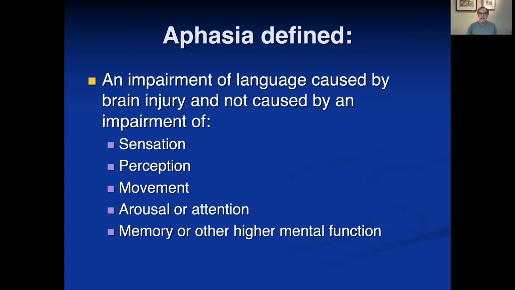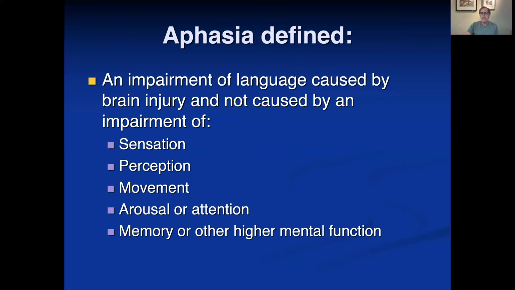But in each case, you can rule out that it's not caused by deafness, it's not caused by blindness. In other words, their auditory comprehension deficit is not caused by deafness. Their reading comprehension deficit is not caused by blindness, nor is it caused by perception, which is at a processing at a higher level, but still not involving meaning.